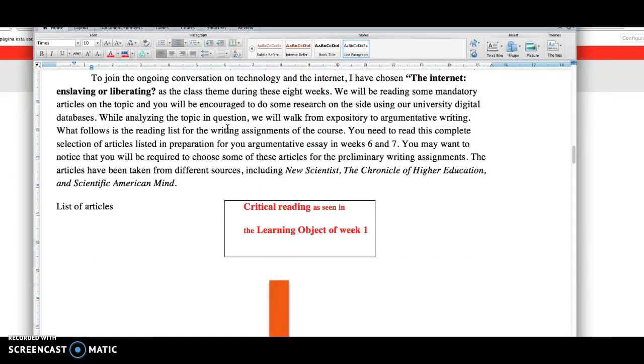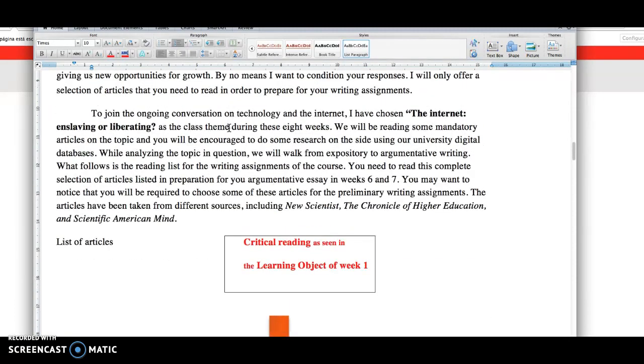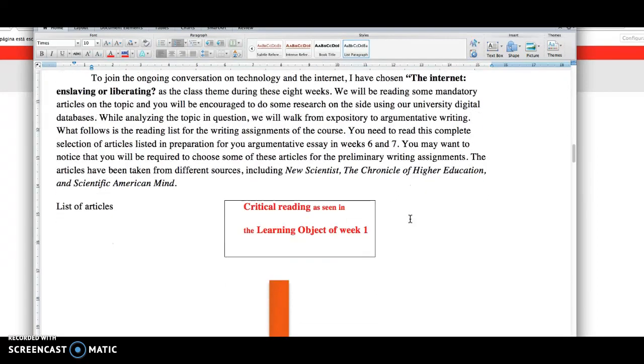So as I said, after you already have the topic and you have the articles, you have to do critical reading as seen in the learning object of the first week. If you go back to the learning object of the first week, there is one moment in which I explain the importance of reading rhetorically, of reading text when we are aware of what we're reading, when we contribute to what we're reading, and then by exerting our critical powers, we are able to talk to the author of the article.